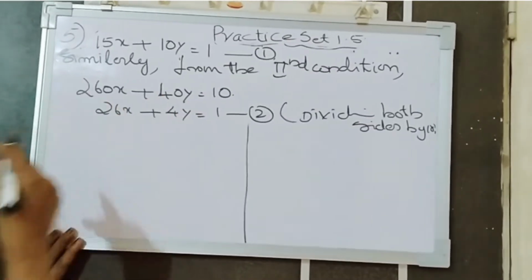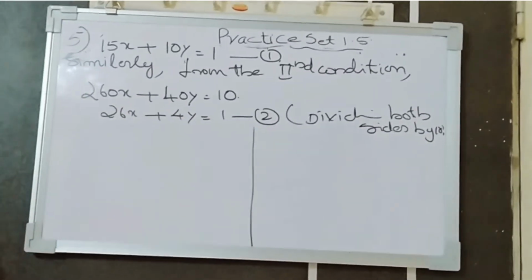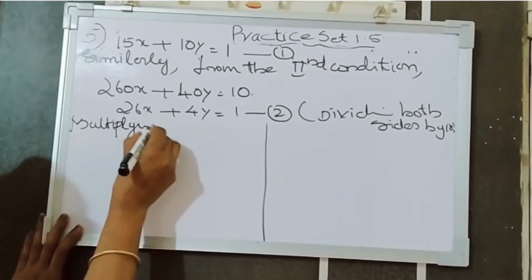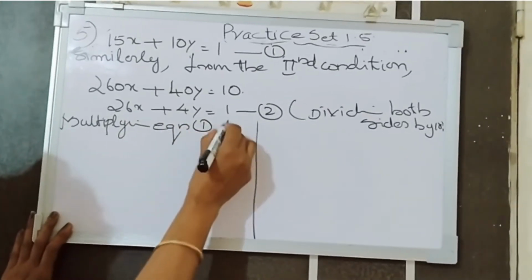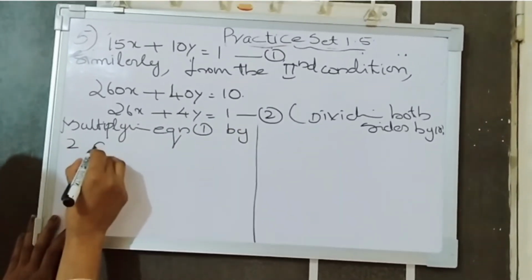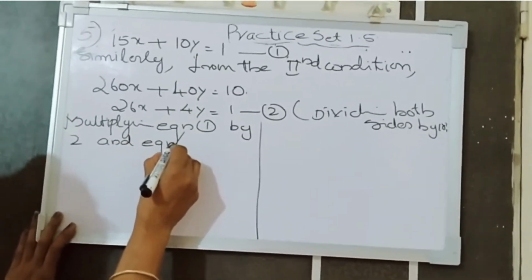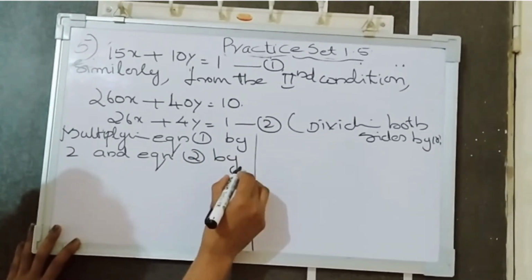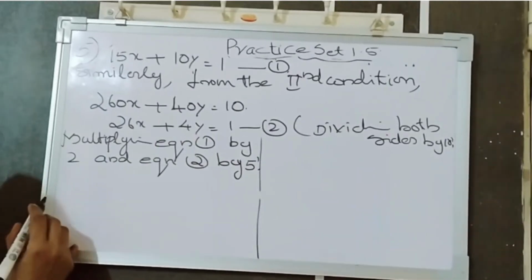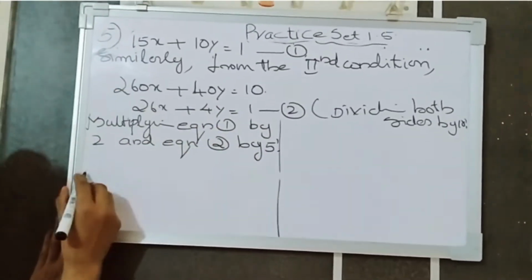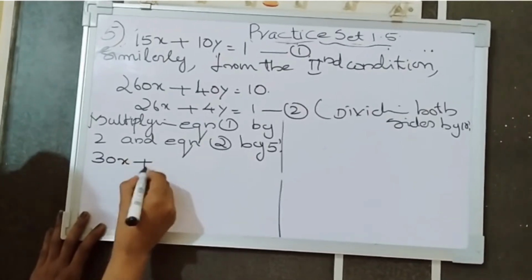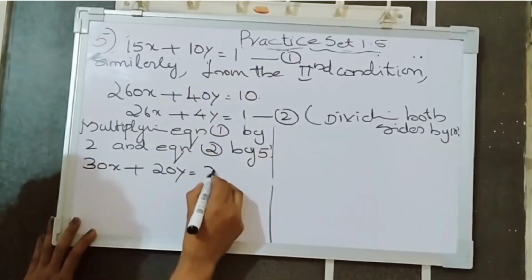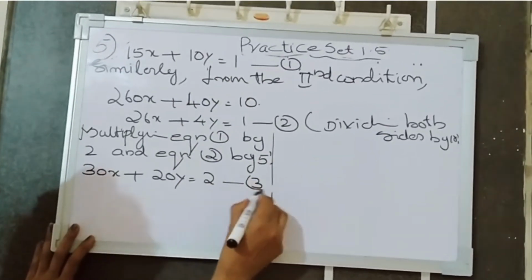Here, to find the values of x and y by using the elimination method, multiplying equation 1 by 2 and equation 2 by 5. Therefore, multiplying equation 1 by 2: 30x plus 10 2s are 20y is equal to 2, equation 3.